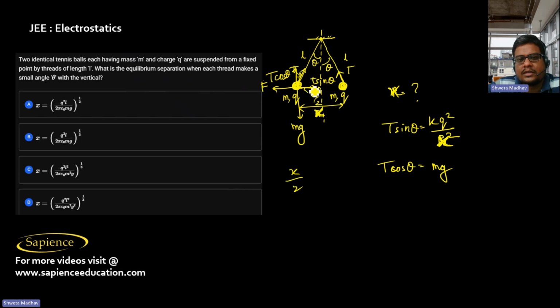So I can say x by 2 will be equal to L sin theta. Now if we divide these, then we will get tan theta equal to k q square by x square mg.